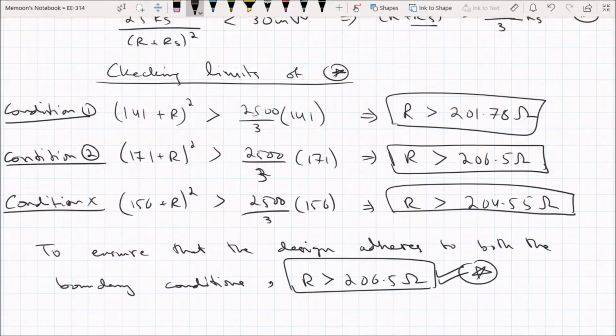And if we go back and see for which value of your sensor resistor it was calculated, it was for 171, the higher value of resistance. So that's why in your textbook the author was calculating that current for the higher value of resistance to satisfy both these conditions. And that's what we are going to do from now on.